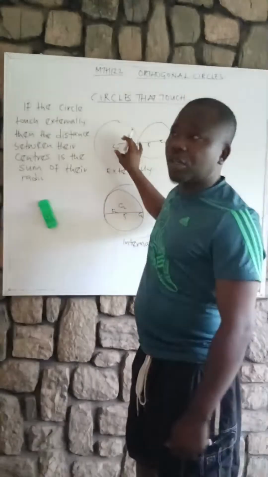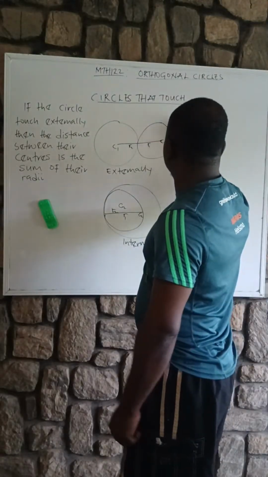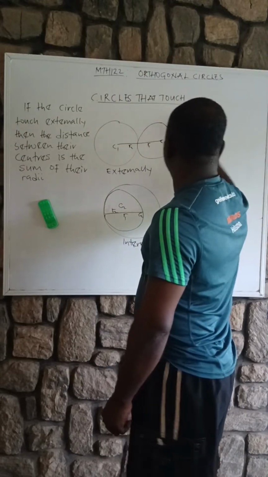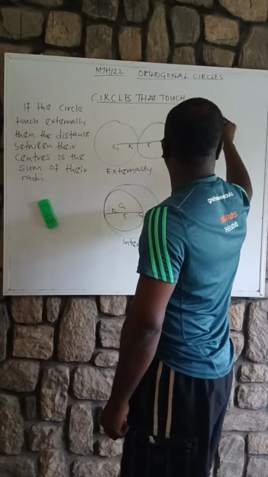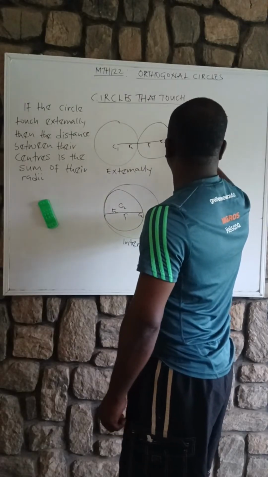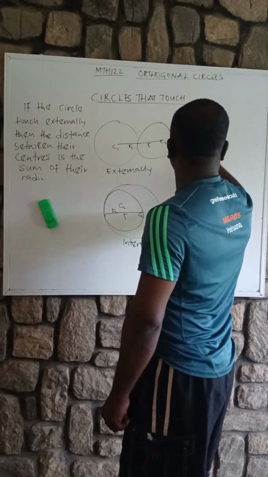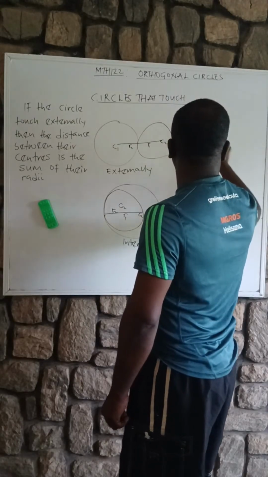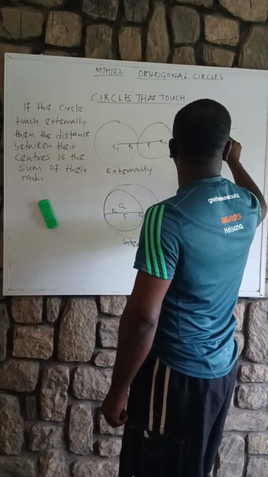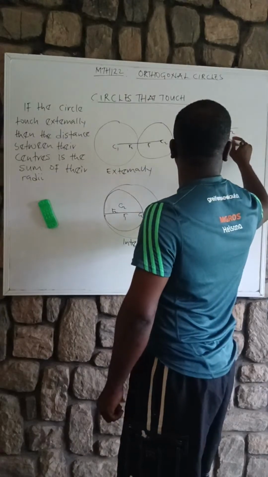Since they touch each other externally, C1C2 squared is equal to R1 squared plus R2 squared.